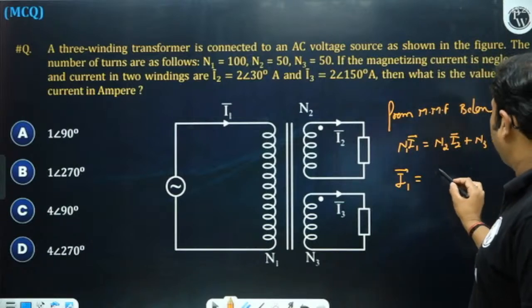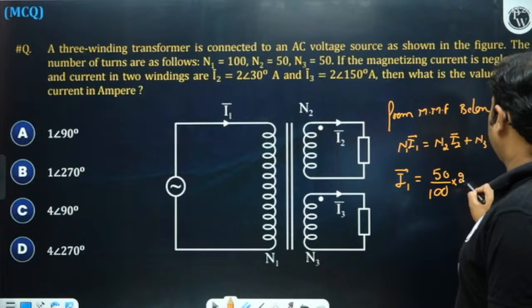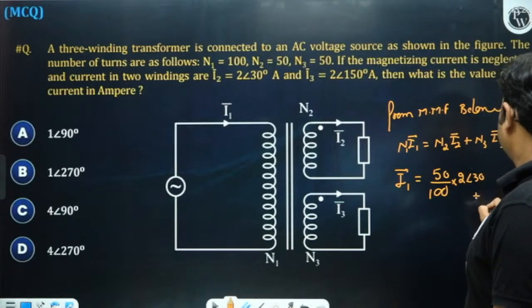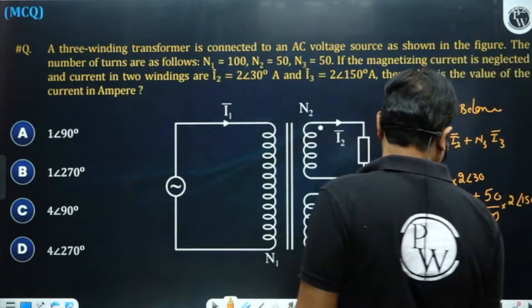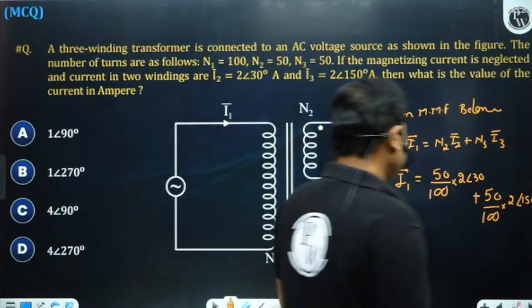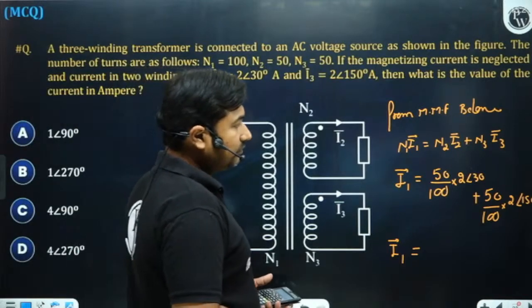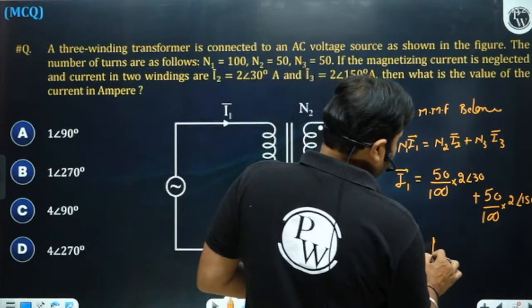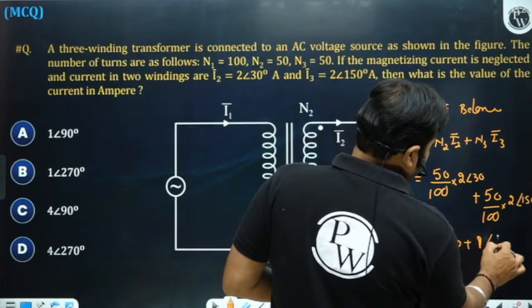What is the value of N2? 50 by 100 into I2, which is 2 at an angle of 30, plus N3, we have 50 by 100. What is the value of I3? 2 at an angle 150. So you can easily do the calculation: 1 at an angle 30 plus 1 at an angle 150.